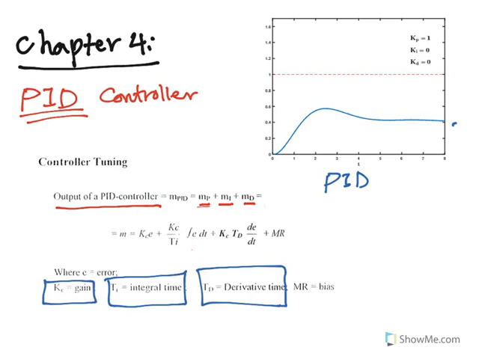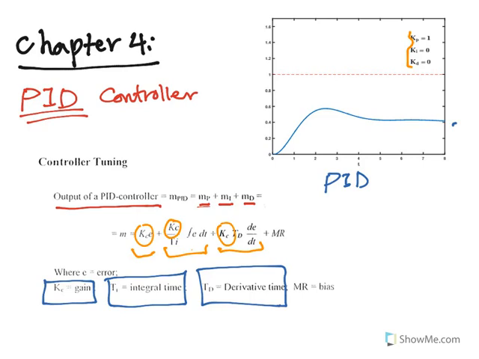In this figure, we have different gains. However, in our PID equation, we have the same gain KC. So just to explain to you, if we change the gain, we're gonna change the whole controller part, either P or I or D.